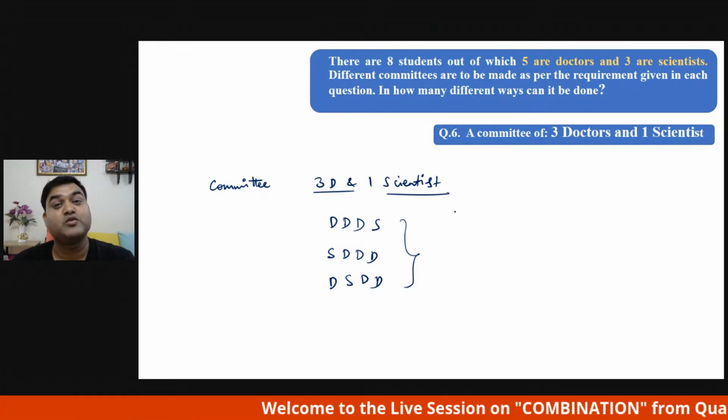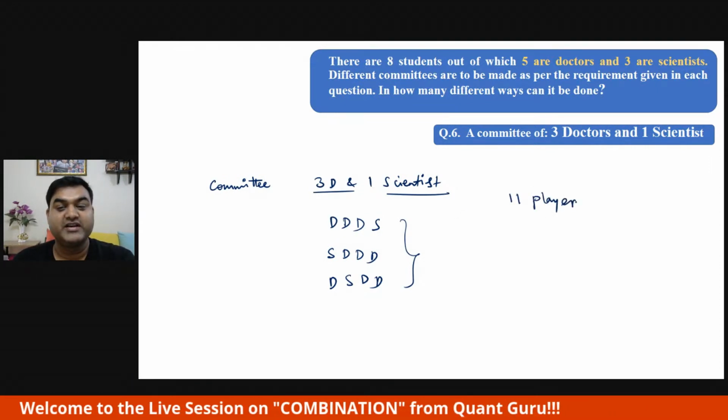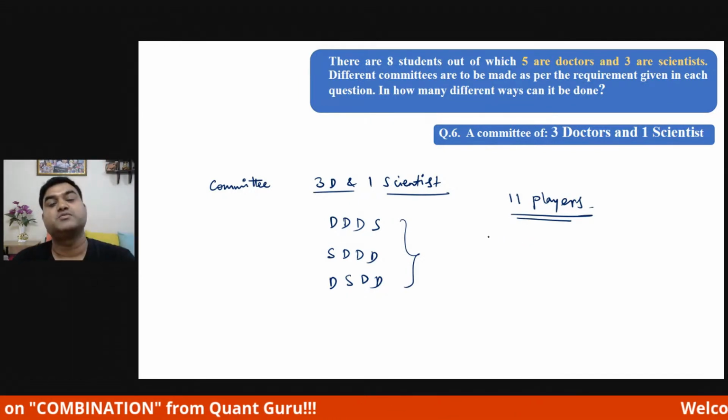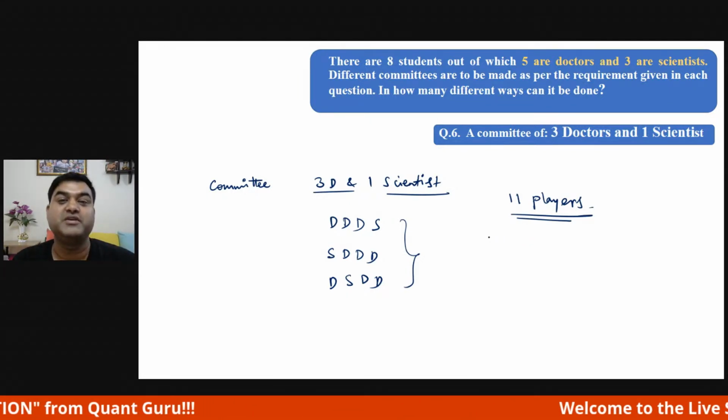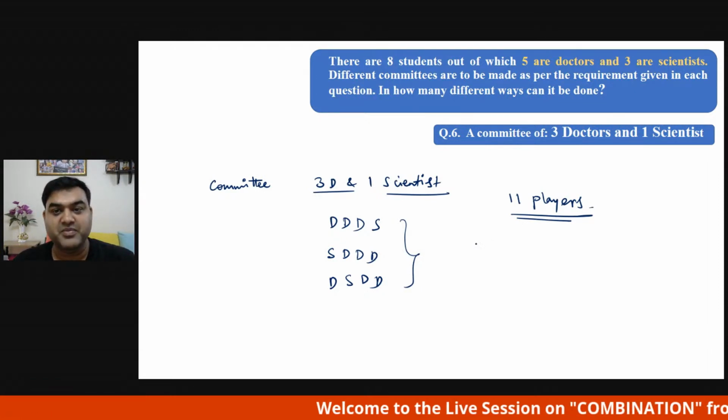Similarly, in the cricket team, I told you 11 players are required. You take Suresh Raina as the first, or as the last person to be part of the 11 players, it hardly matters. We are talking about a committee or a team. Understood?